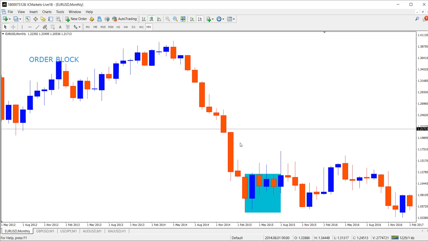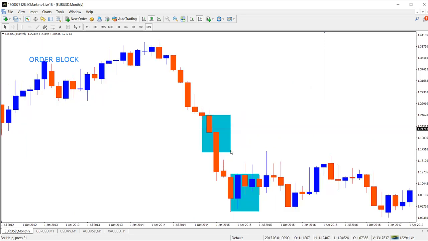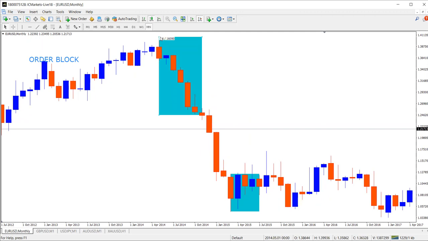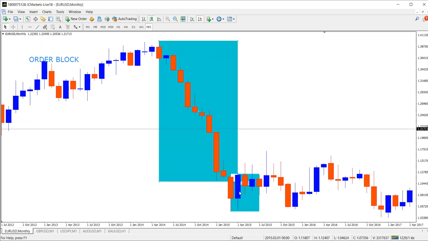Looking at this bearish one, from here to here, you can see that this red candle is the last bearish candlestick. It is the last candle of this move.